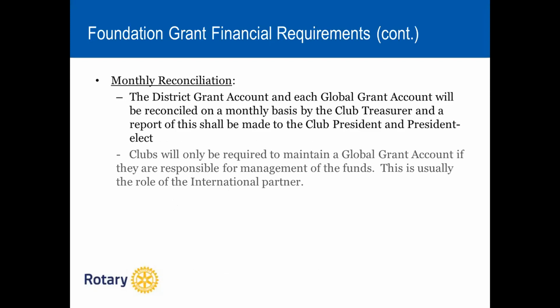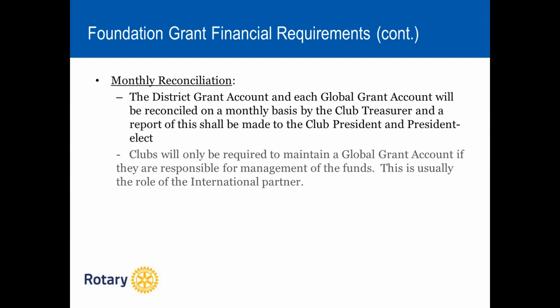And the district grant account and each global grant account, if you have one, will be reconciled on a monthly basis by the club treasurer, and a report of this will be made to the club president and president-elect. Now, clubs are only required to maintain a global grant account if you're responsible for management of the funds.